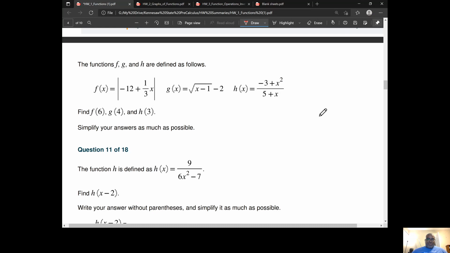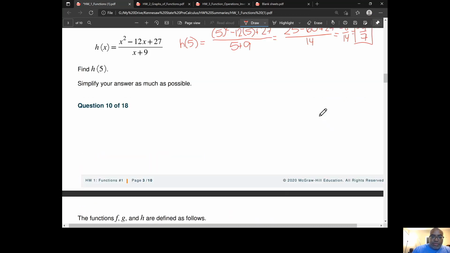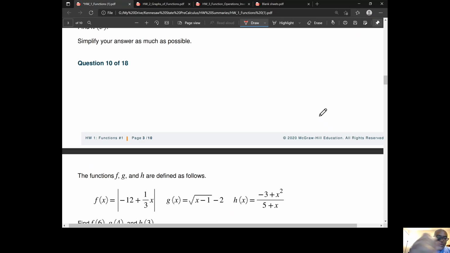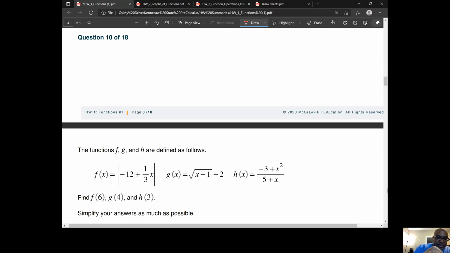All right, so let's do it some more. So, man, I need some more space. Okay, I can do this. Yep, we'll do it up here. So f of 6. F of 6 is equal to the absolute value of negative 12 plus 1/3 times 6.